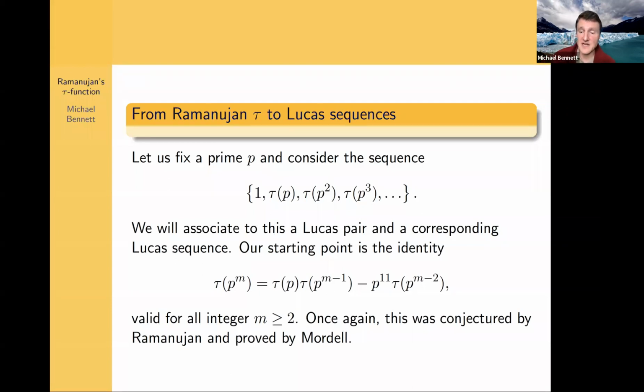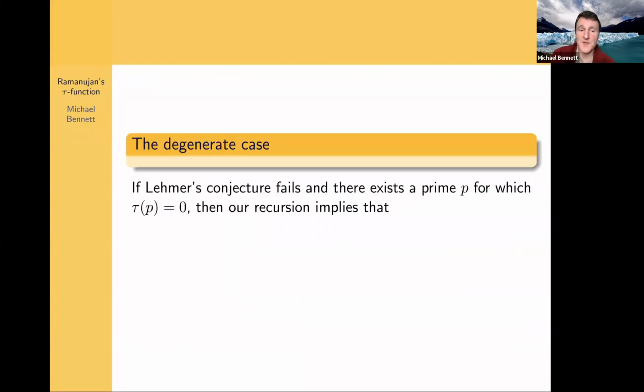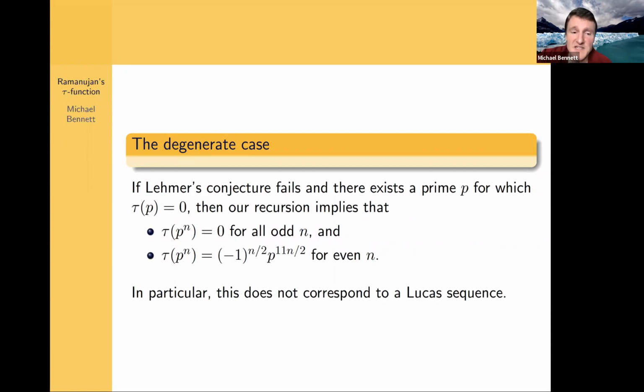So if tau of p is actually 0, then the recursion says, well, so is tau of p cubed, tau of p to the 5th, et cetera. And in fact, as I mentioned before, tau of p to the n, when n is even, is just plus or minus p to the 11n over 2. And so this thing is still a recurrence sequence. It's just a kind of trivial one.